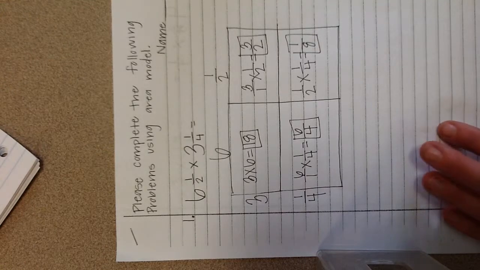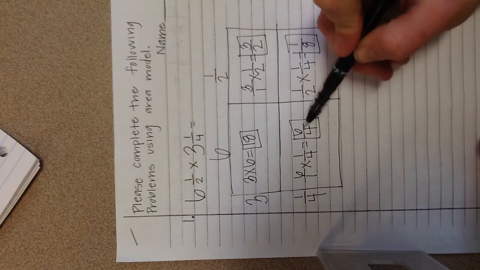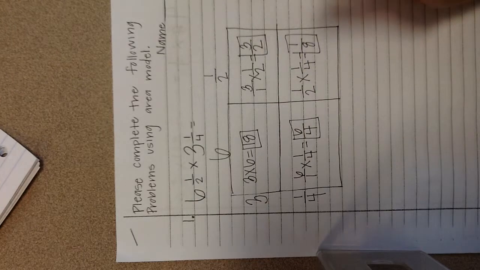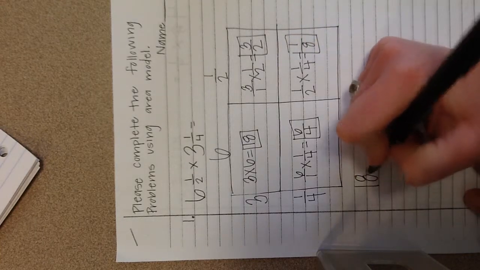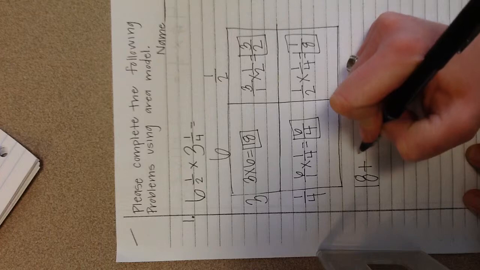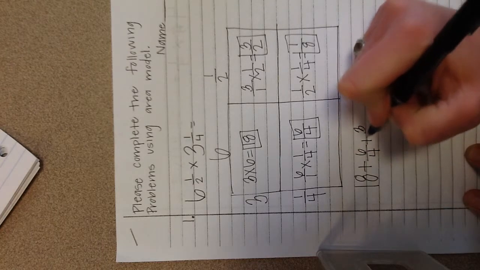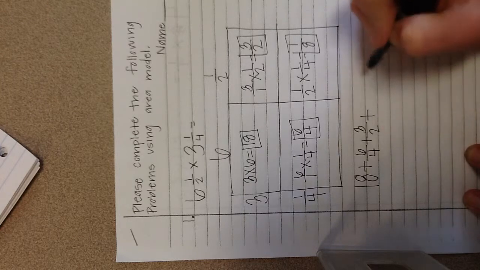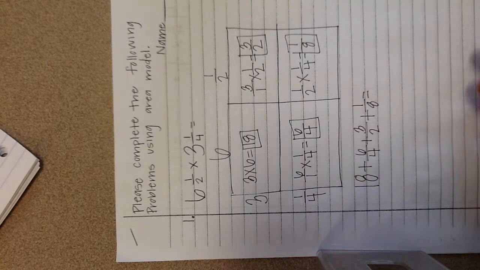Okay, so now I understand that some of these have numerators that are bigger than the denominator. That is okay. We will deal with that in a little bit. Now I'm going to put all my numbers. 18 plus 6/4 plus 3 over 2 plus 1/8 equals.